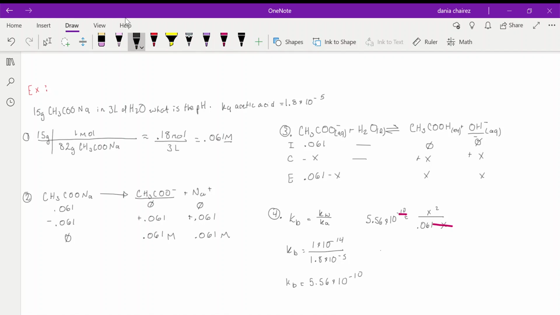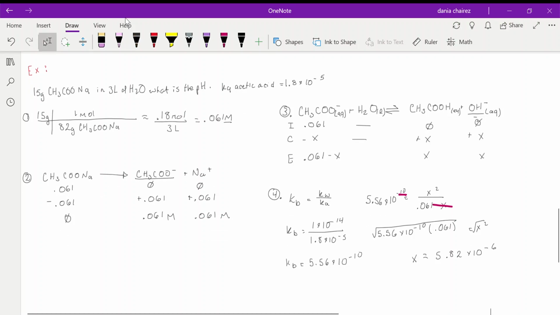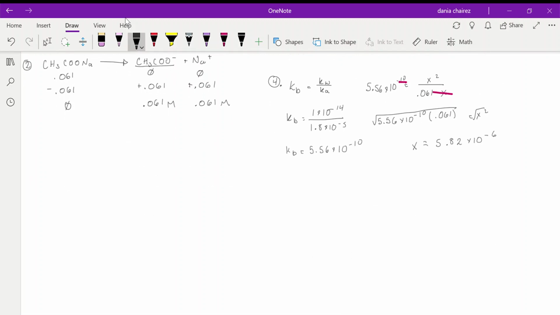So then we end up with 5.56 times 10 to the negative 10 times 0.061 is equal to x squared. So we end up with our x being 5.82 times 10 to the negative 6.